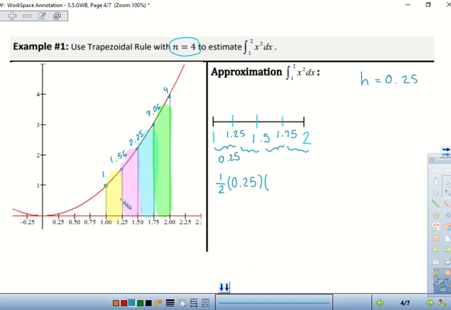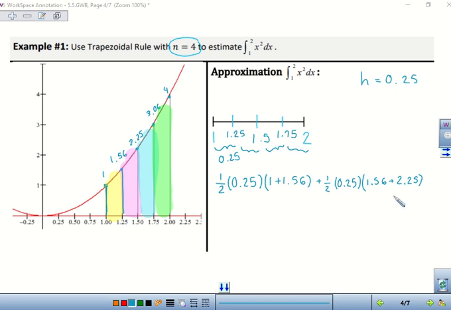So what is the height of my first base here? 1. What's the height of my second base? 1.56. And you're going to do this process 4 more times, okay? So it's going to be 1/2 times 0.25, and then the next one's going to be 1.56 plus 2.25.